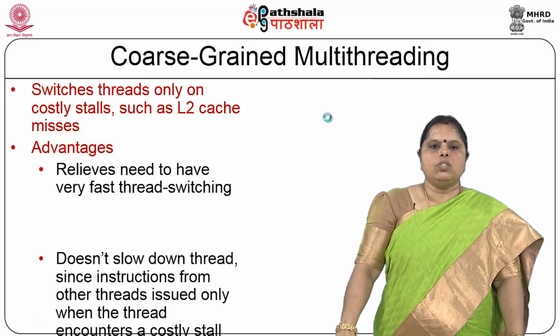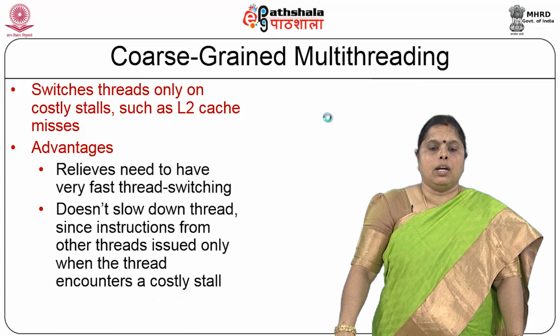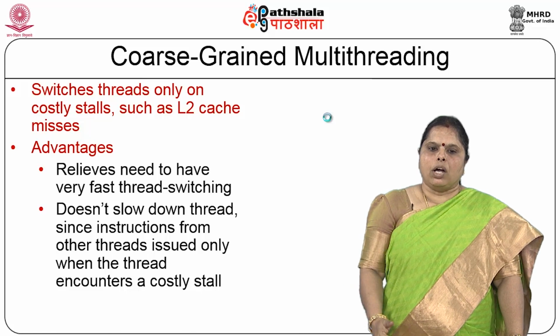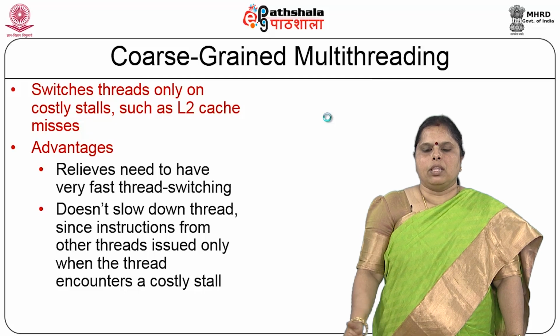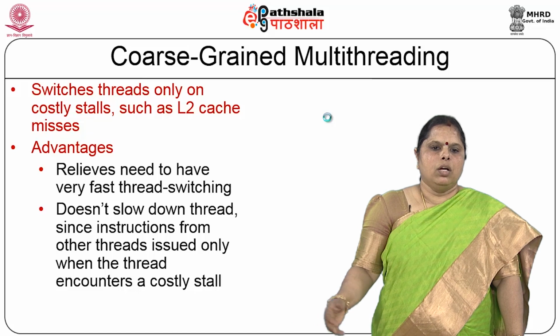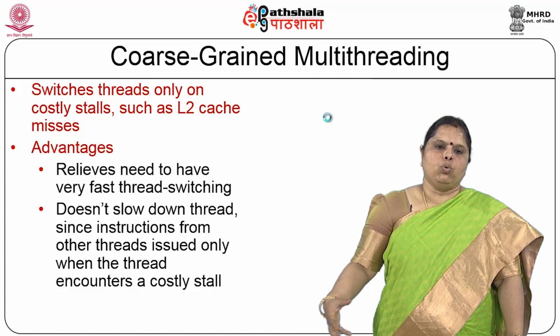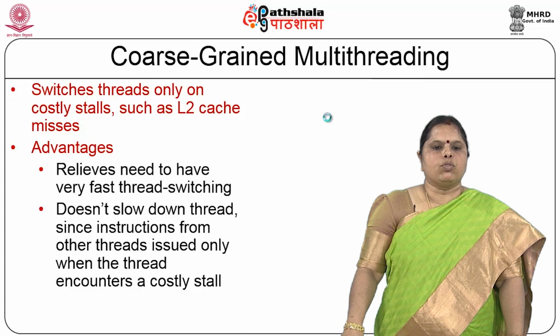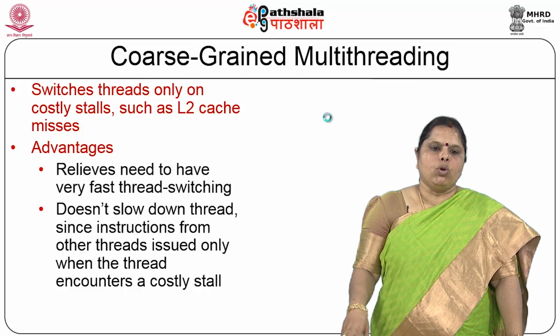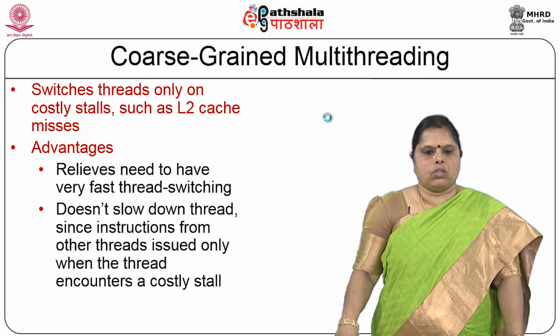The advantage of coarse-grained multithreading is that it relieves the need to have very fast thread switching, because after all it is going to switch only when there is a stall. So it is not going to switch very frequently, and you have enough time to do thread switching. It does not slow down the threads, since instructions from other threads are issued only when the thread encounters a costly stall.